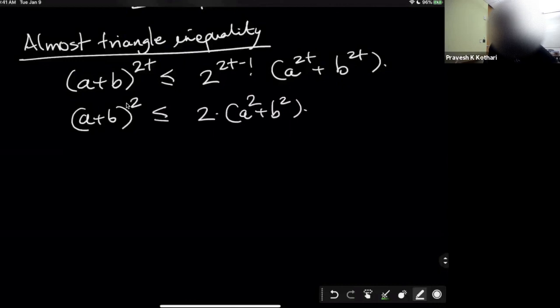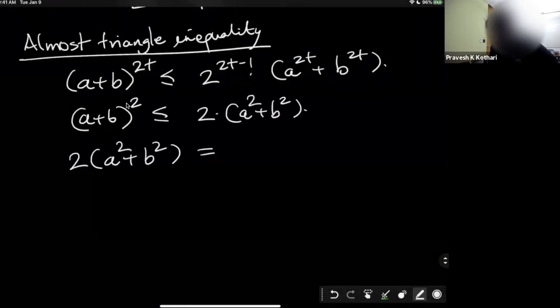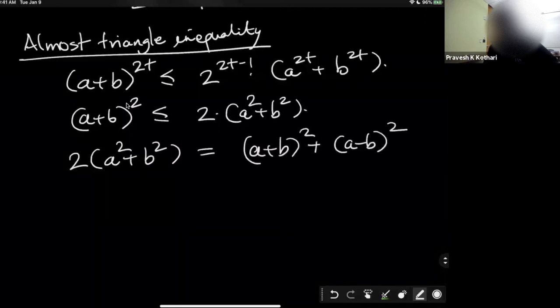Do you all see why that's true? Actually, just for kicks, let me give you my favorite proof of this inequality. 2 times a squared plus b squared equals a plus b squared plus a minus b squared. Okay, so I have proven a special case of this really complicated inequality.